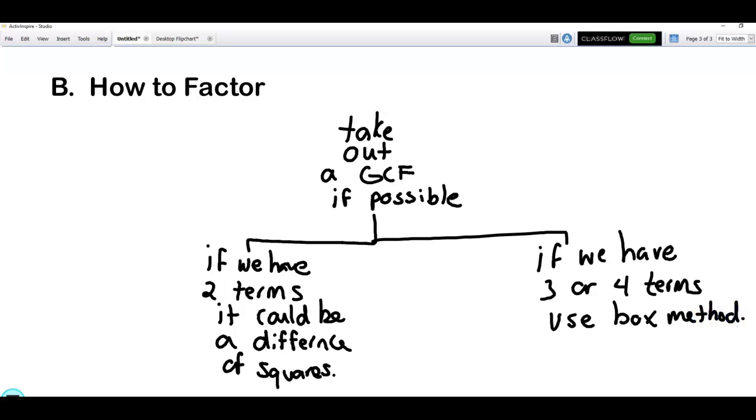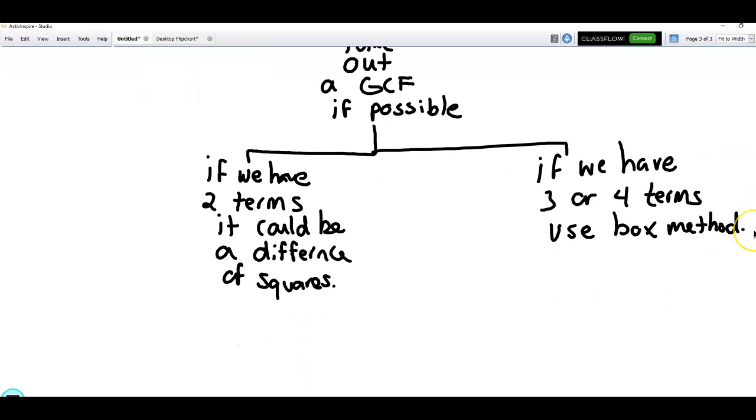If you've got 3 or 4 terms, then we're going to use the box method. After that, if necessary, keep going.